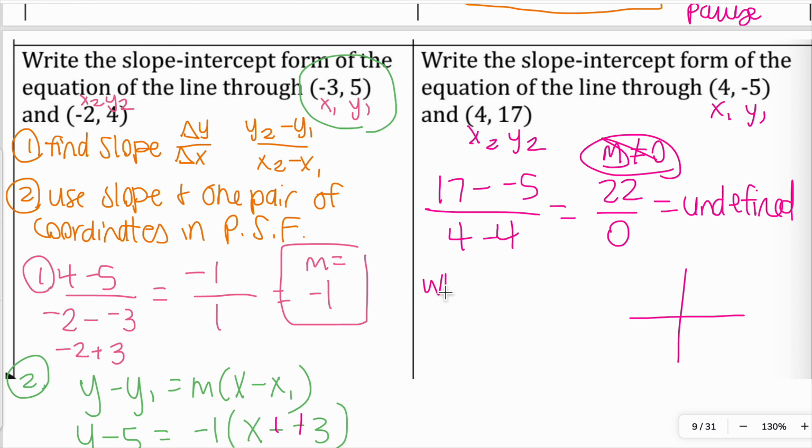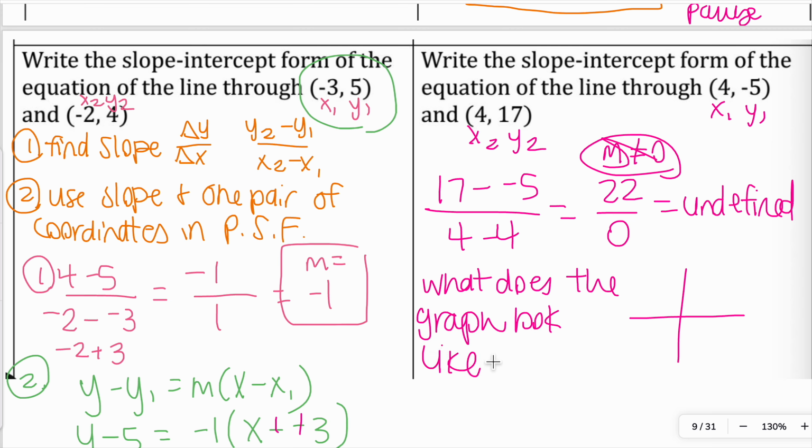Undefined means you want to maybe think about what the graph looks like when I have undefined, or even plotting your points. So let's just pretend I have 4, negative 5, maybe that's here, and then 4, positive 17's here. Okay, this line is a vertical line because it's undefined, right?